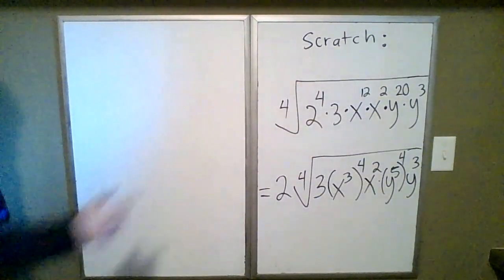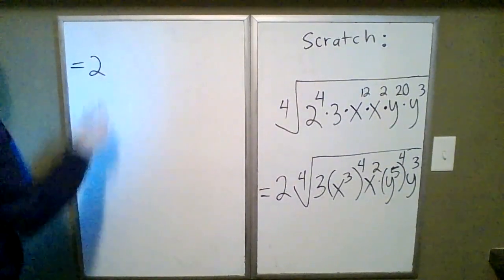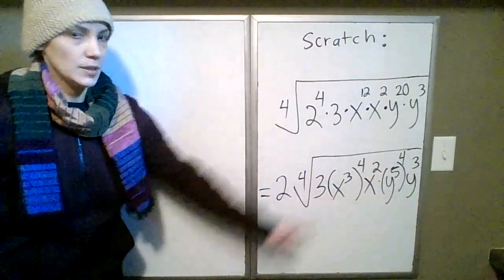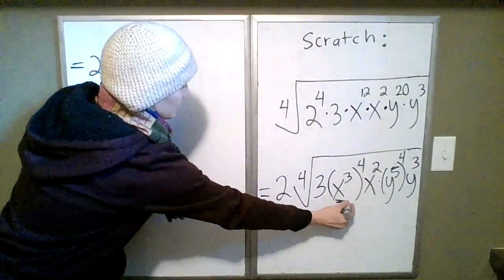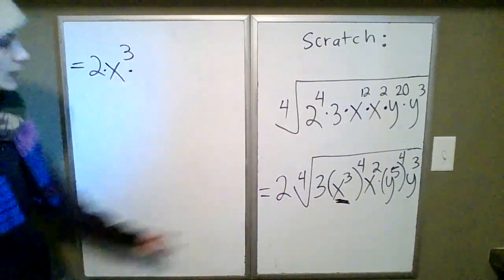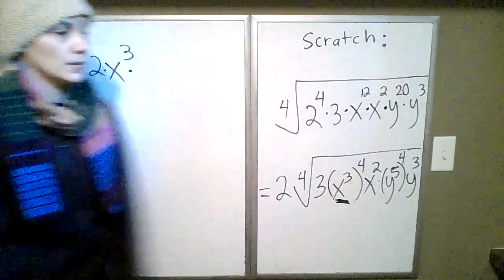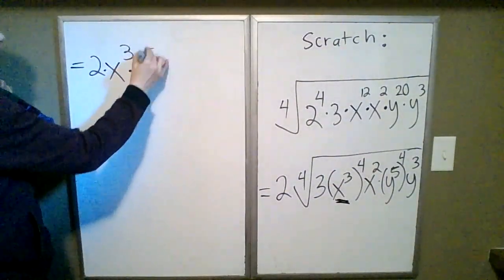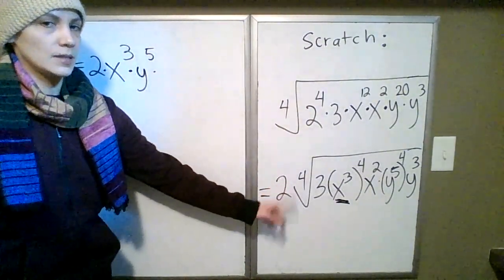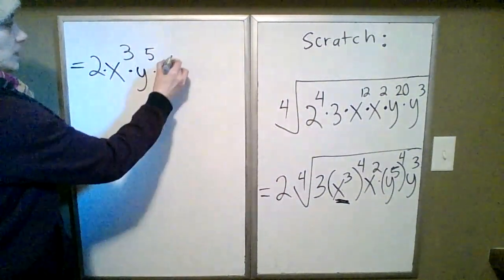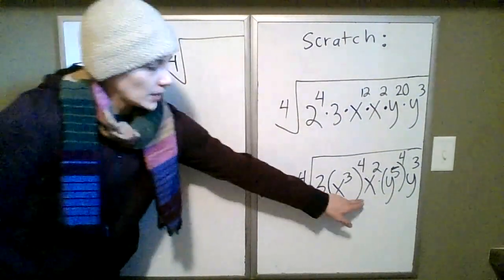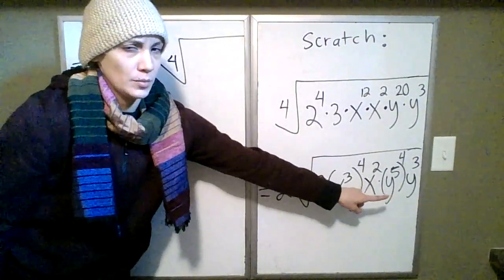So I already brought out 2. I could do the same thing for this x cubed and the y to the 5th. Multiply all of that together, and it's multiplied with the 4th root of 3 times x squared times y cubed.